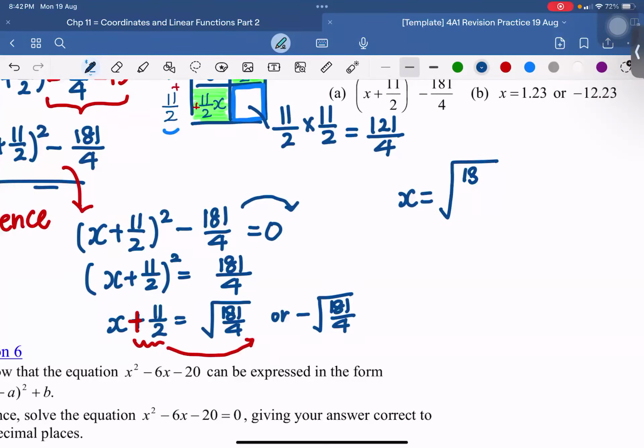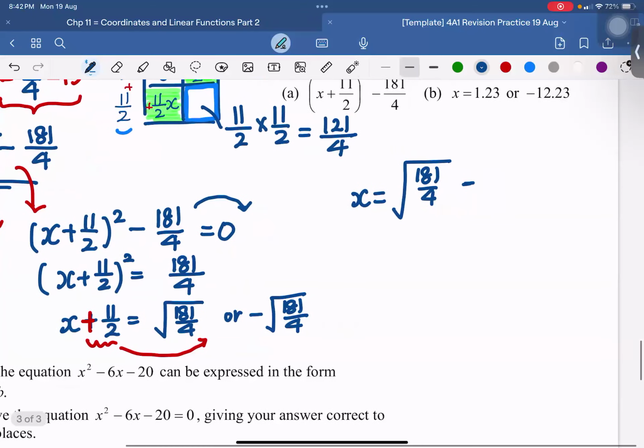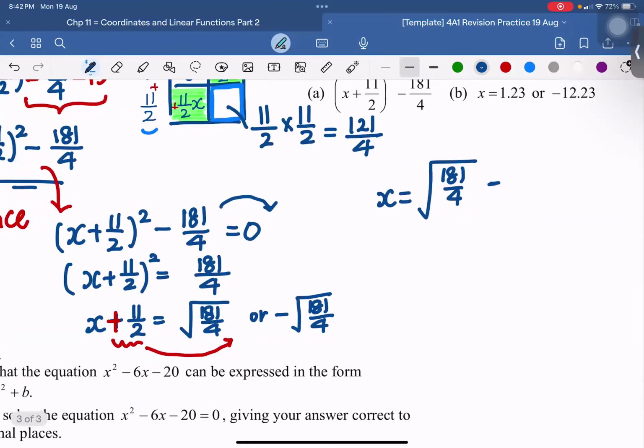So it's square root of 181 over 4, subtract 11 over 2. Remember, this negative sign is outside my square root. That's the first answer. Or second answer, negative square root of 181 over 4 minus 11 over 2. Not enough space, so I write it this way.